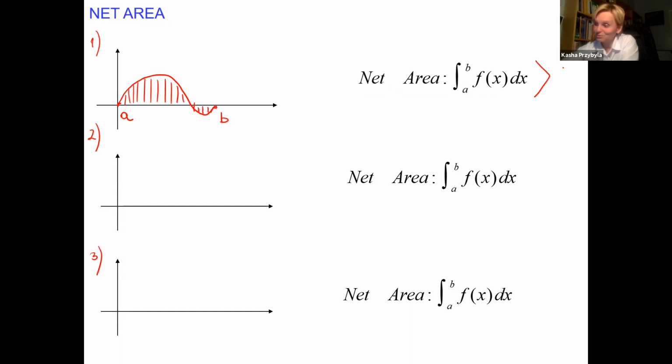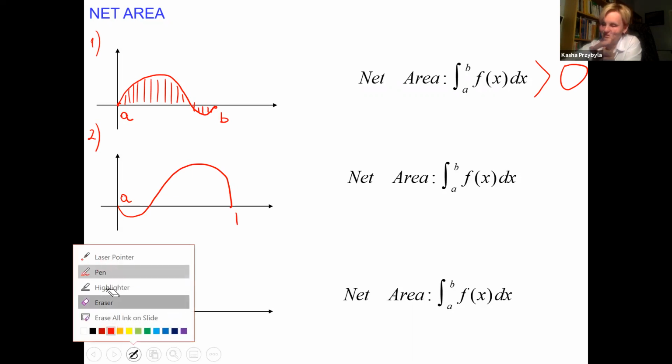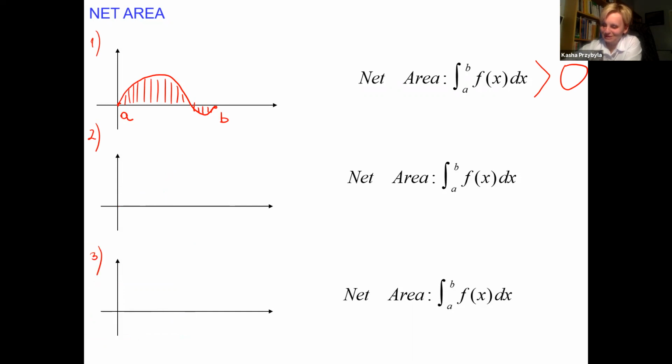Of course, this will be positive. Now if I draw something like that, from A to B, the definite integral will be negative, okay?